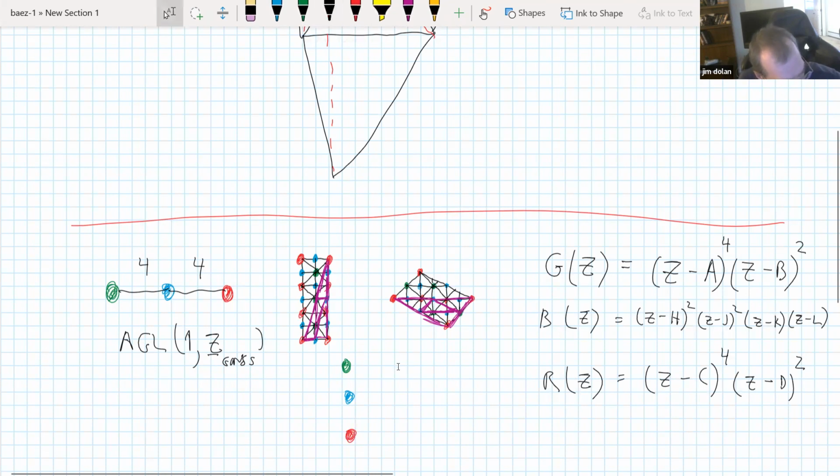For the green ones, we call them A and B. For the red ones, we call them C and D. For the blue ones, we call them H and J and K and L.